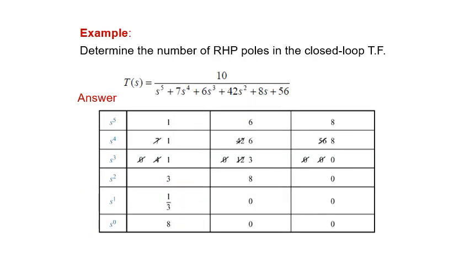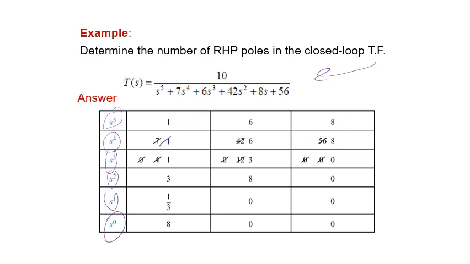Now, how am I going to deal with the system if there is a row of 0? Let us take this example. In this example, the characteristic equation has s to the power 5, so it is fifth order. So s to the power 5, 4, 3, 2, 1 until 0. We are going to distribute the coefficients 1, 7, 1, 7, 6, 42, 8, 60, 56.